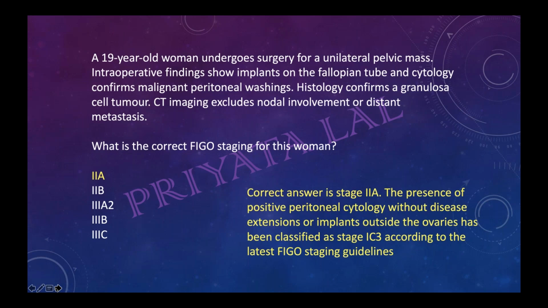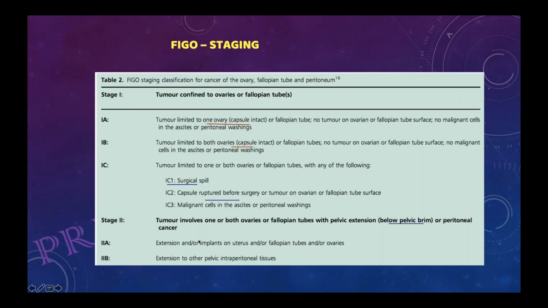Stage 2A is extension or implants on the uterus, the fallopian tube, the ovary.